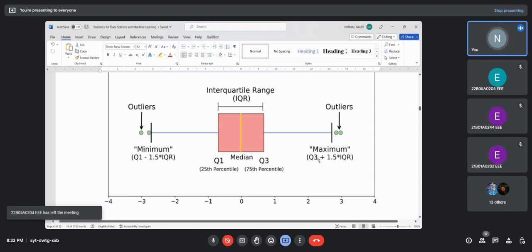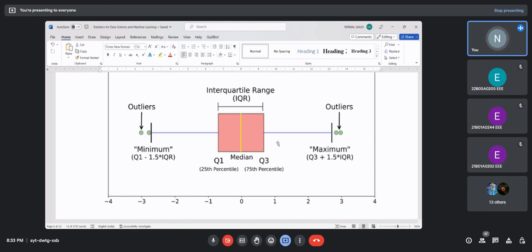And whatever values are more than Q3 plus 1.5 into IQR are also called outliers. So very, very important. This diagram is very important for outlier detection. We are going to detect the outliers in our project, and we need to remove the outliers in our project. This is how we are going to perform it. It's called the 1.5 rule or Tukey's rule.